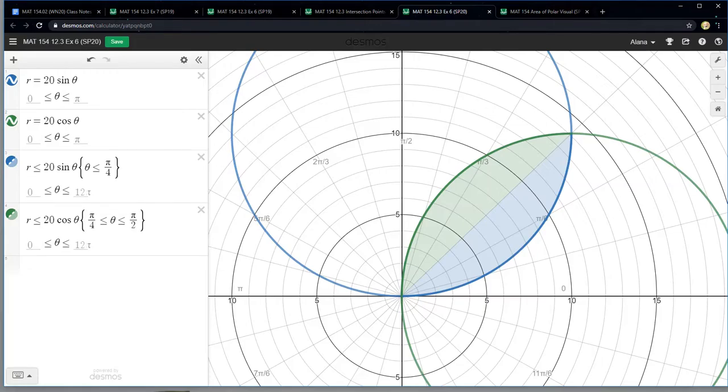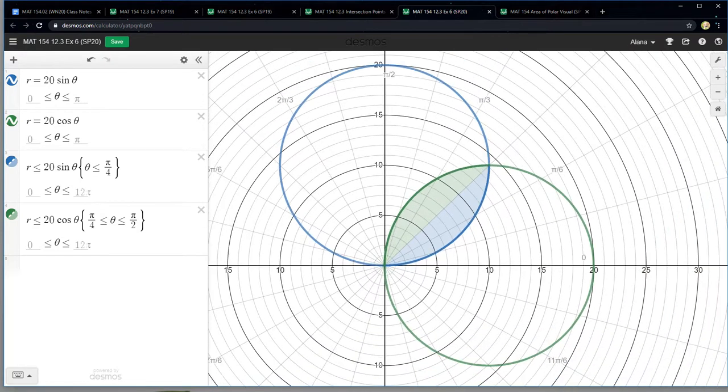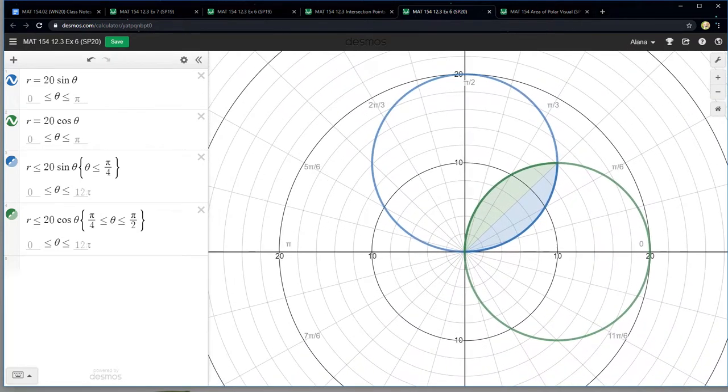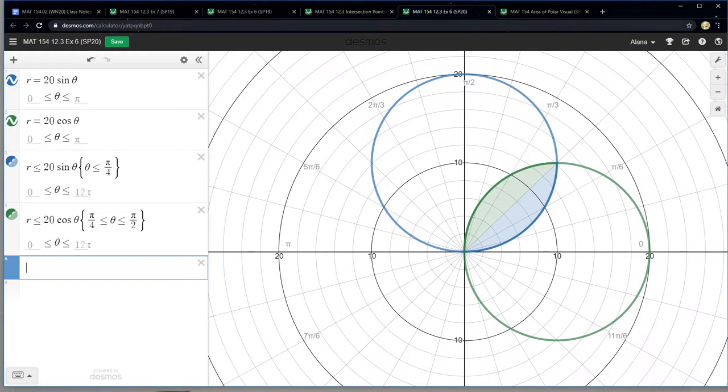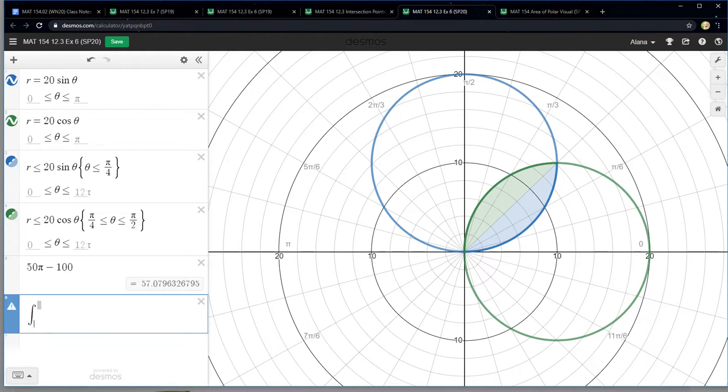So when I'm in here, let me zoom out so we can see this picture better. If I want to find 50 pi minus 100, that's easy. If I want to double check this was really equal to what I originally said it was, I can do that. 0 to pi over 4, and it would be 20 sine, I'm going to use x, but just because it's easier for Desmos to handle, right? dx plus another integral.